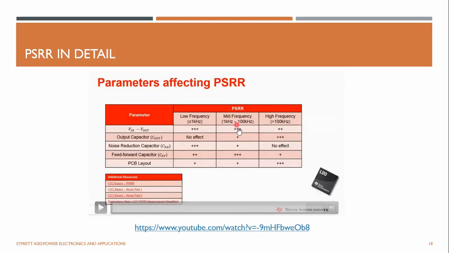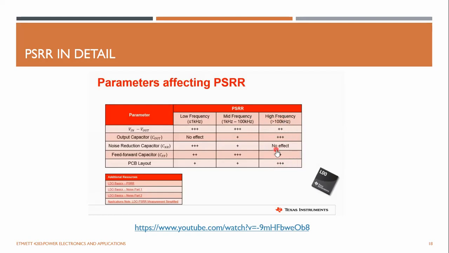Right. So what you just need to know is that PSRR is not a fixed parameter. It depends on the operating conditions, the output current and dropout voltage, and even the capacitance of the output capacitor you've connected, and your PCB layout also affects the PSRR.